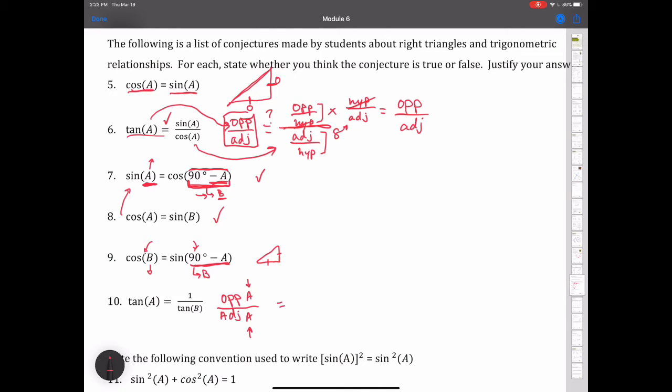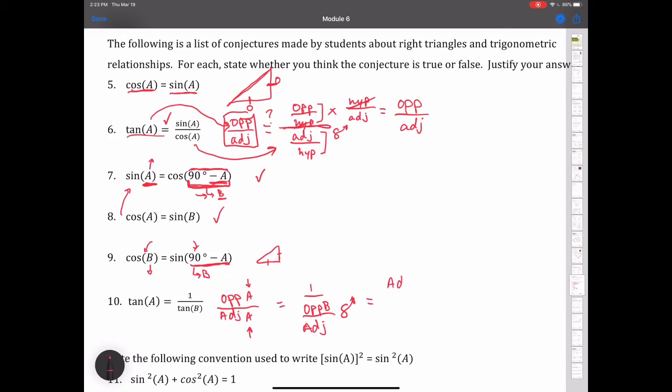And is that equal to 1 over opposite B over adjacent B? So whenever I have a fraction in the denominator, I'm going to change that around to make it in the numerator. And so flip and multiply is what I'm doing.